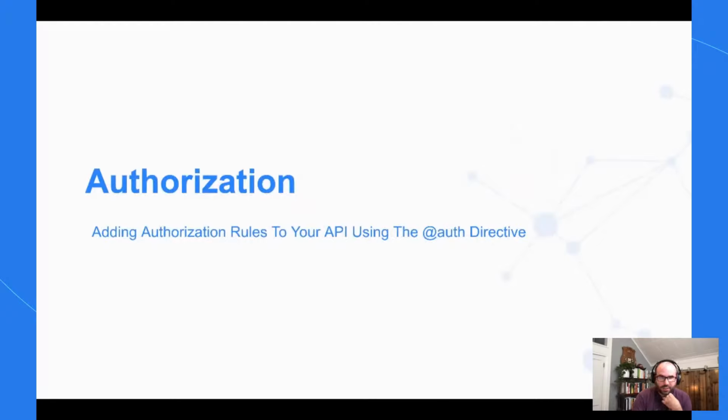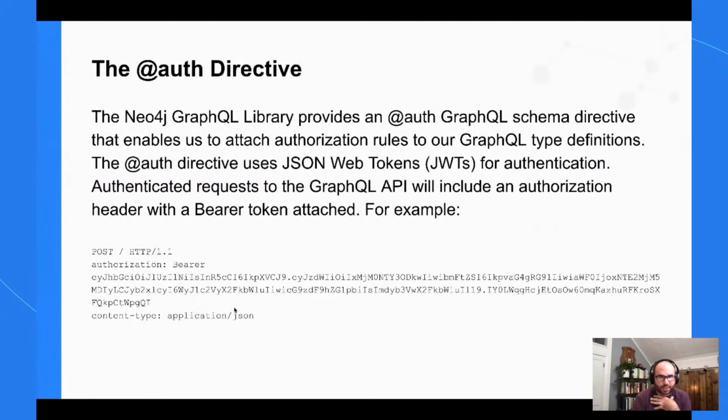And then really quickly, I will just point out some of the authorization functionality that is included in the Neo4j GraphQL library. So the authorization functionality is done using this auth schema directive using JSON Web Tokens. To make authenticated requests to the GraphQL endpoint built using the Neo4j GraphQL library, the convention is that a JSON Web Token will be included in the authorization header.